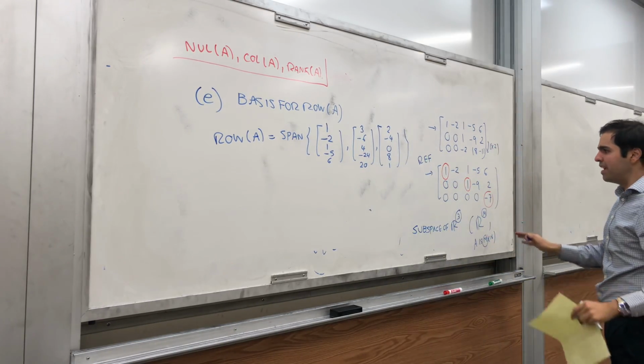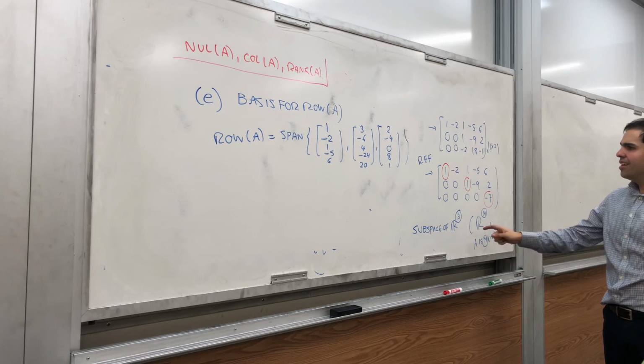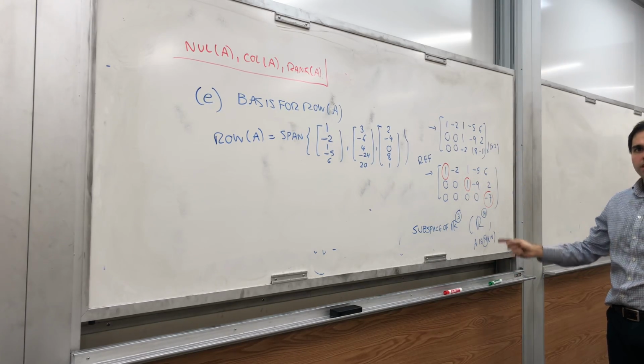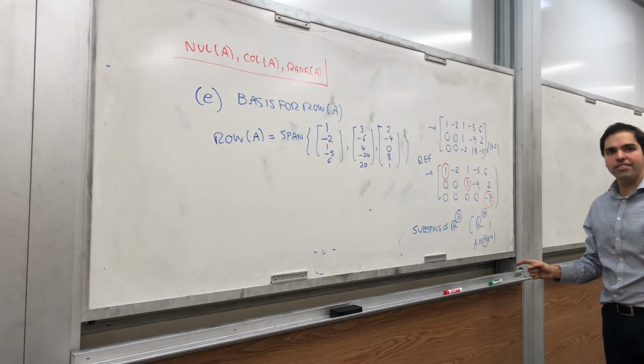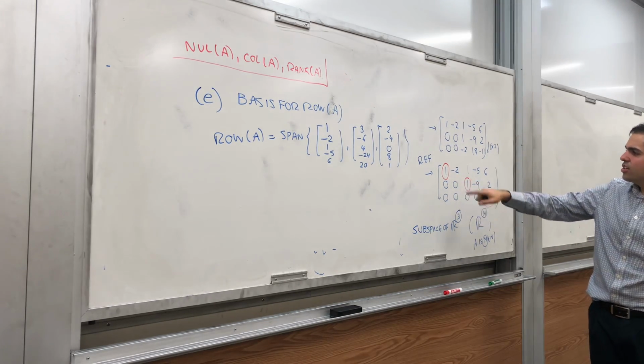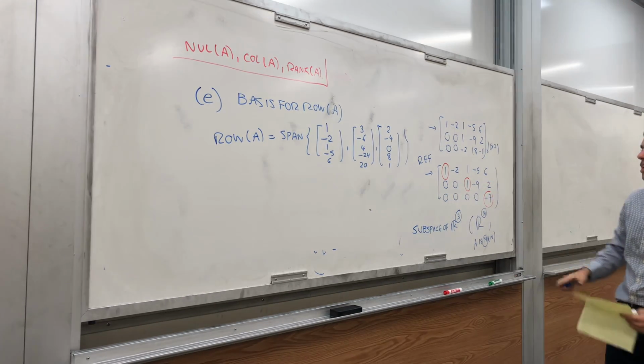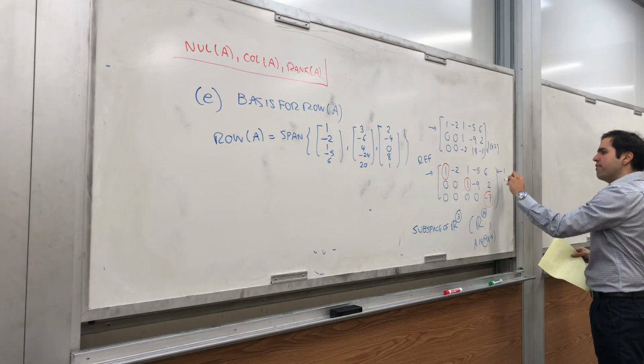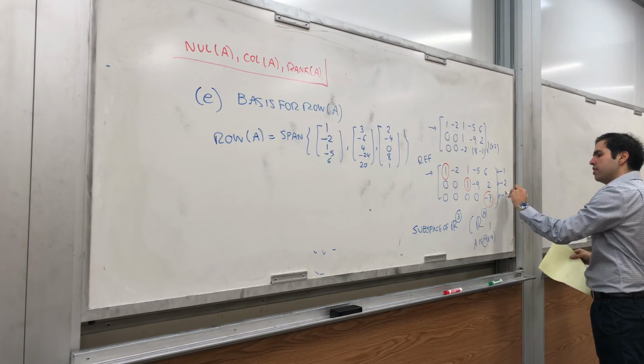That's a row space. And it turns out the nice thing about the row space is, in order to find your basis, you don't need to go back to the original matrix. Just see in which rows the pivots are. Well, the pivots are in rows 1, 2, and 3.